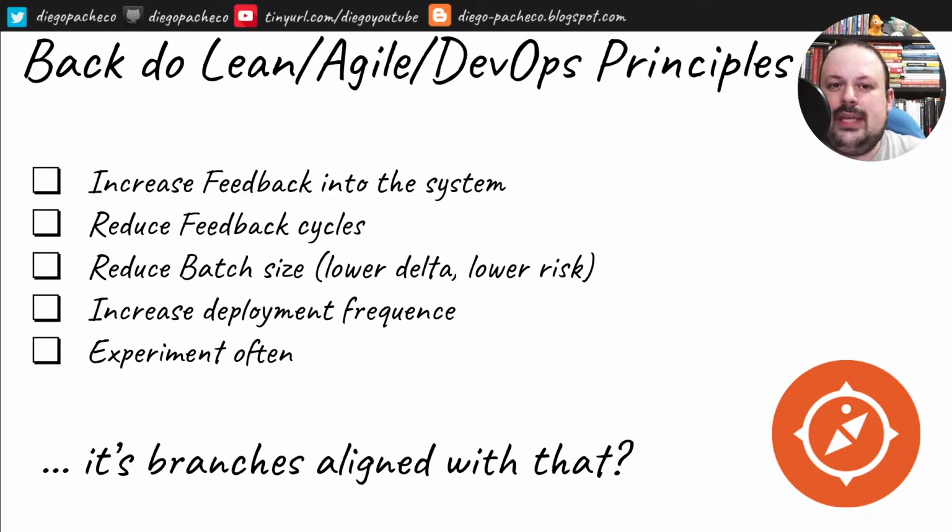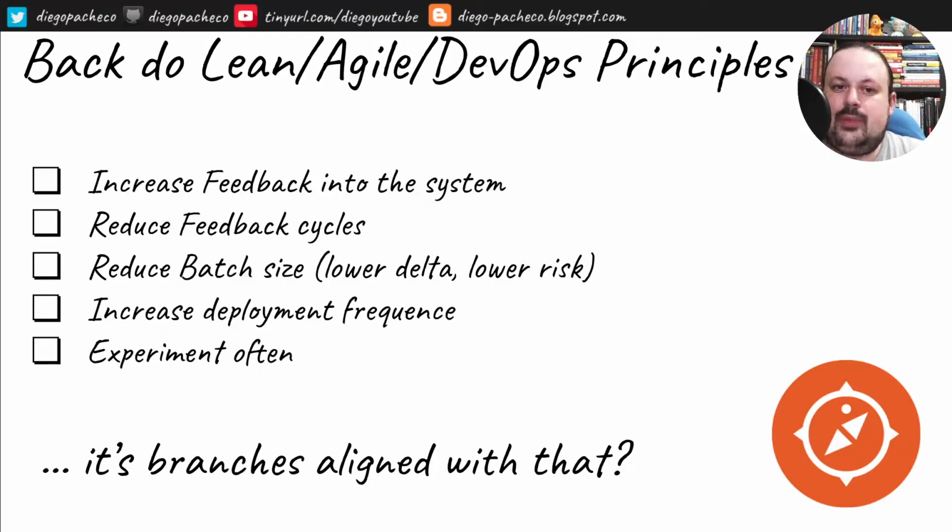I'm going to go back to these principles later on, but we want to reduce batch sizes. That's a question about risk, and we want to reduce risk. It's important to do smaller batch sizes. And what we need to think about is whether our branching model reduces batch cycles or not. We also want to increase development frequency as a side effect of reducing batch size. And we want to experiment often, not only for software but also for the business.